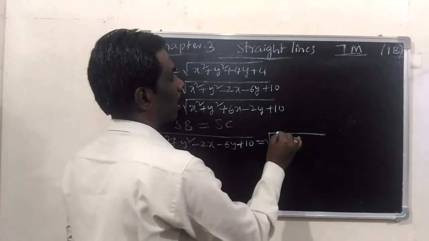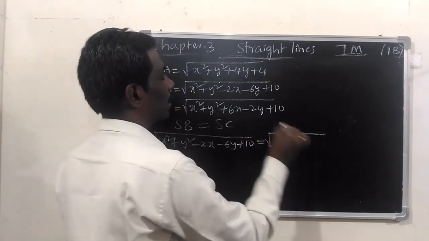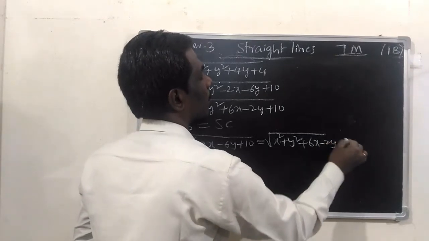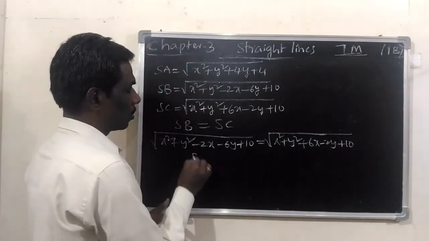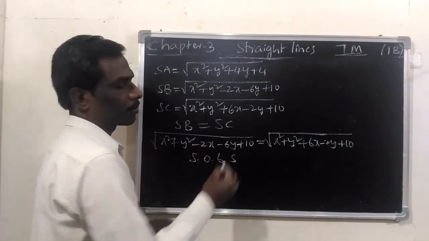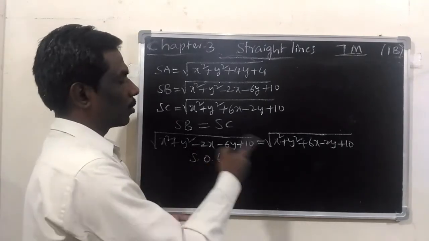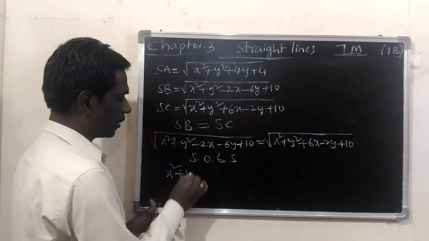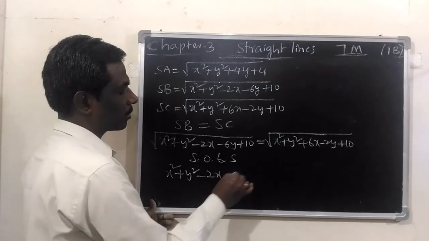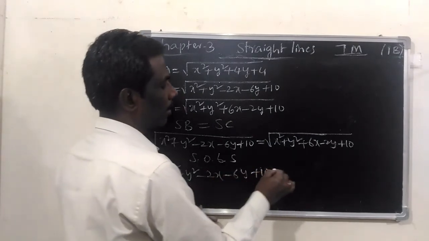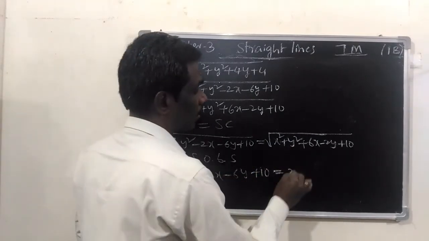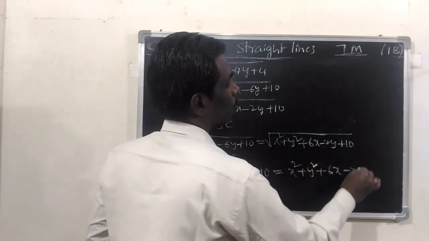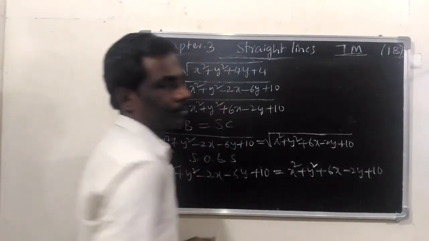What is that? x square plus y square plus 6x minus 2y plus 10. Do squaring on both sides. The roots get cancelled. So what will remain? x square plus y square minus 2x minus 6y plus 10 is equal to, the right side is also, x square plus y square plus 6x minus 2y plus 10.